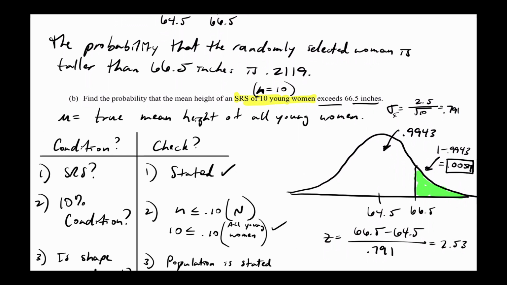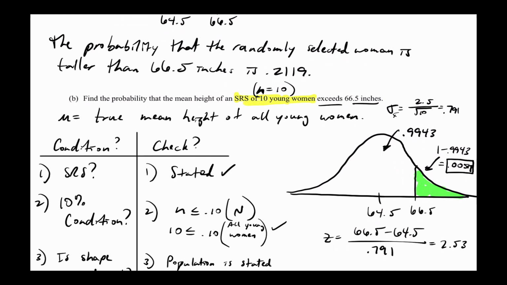Exactly. The bigger your sample is, the more likely it's going to do what the center says it should do. The first one wasn't a sample, it was 1. I picked 1 girl. The variability there is high. Anything could happen with that 1 person. But if I pick 10 and find their average, the bigger the sample size, the more it's going to want to be closer to the center, which is 64.5.